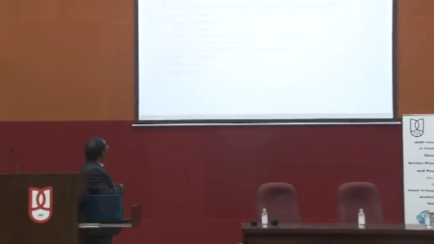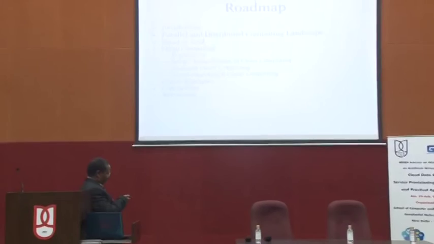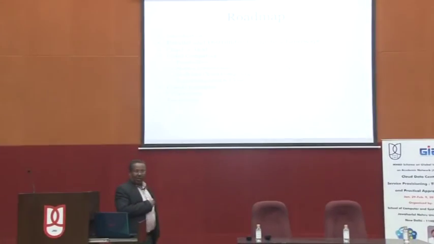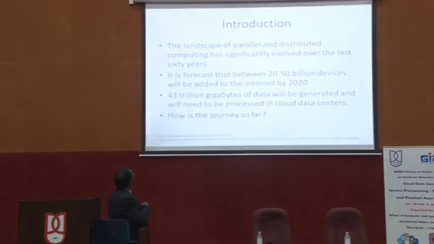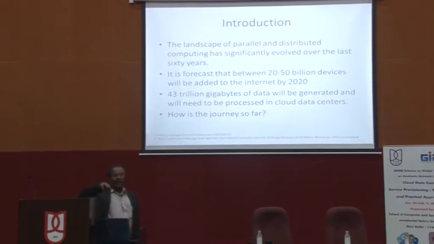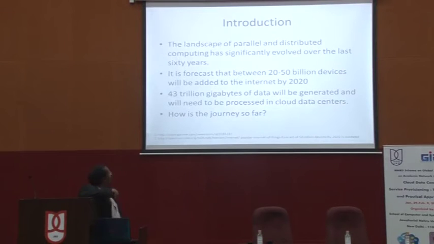So this is the roadmap for today: the introduction and the landscape of cloud computing, and I'll talk a little bit about different types of cloud and some examples from our work. You can stop me anytime if you have questions. I'm okay with it.